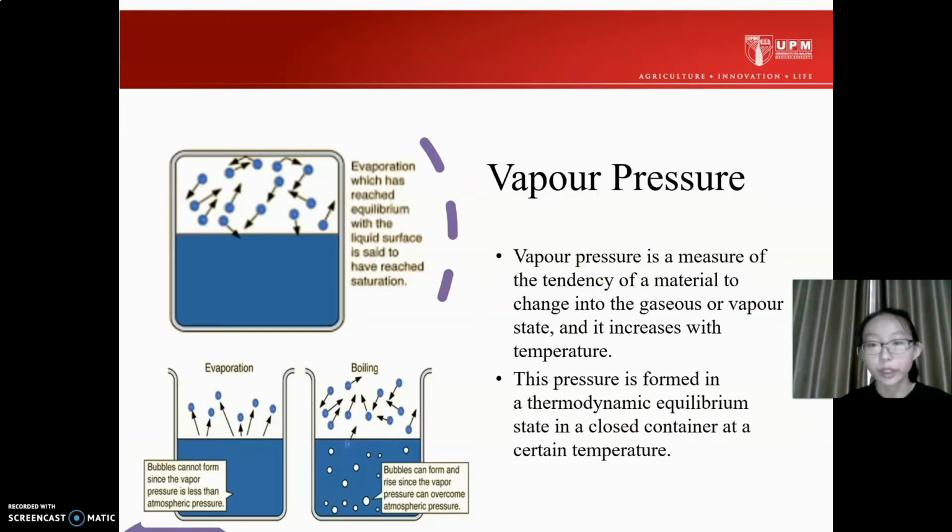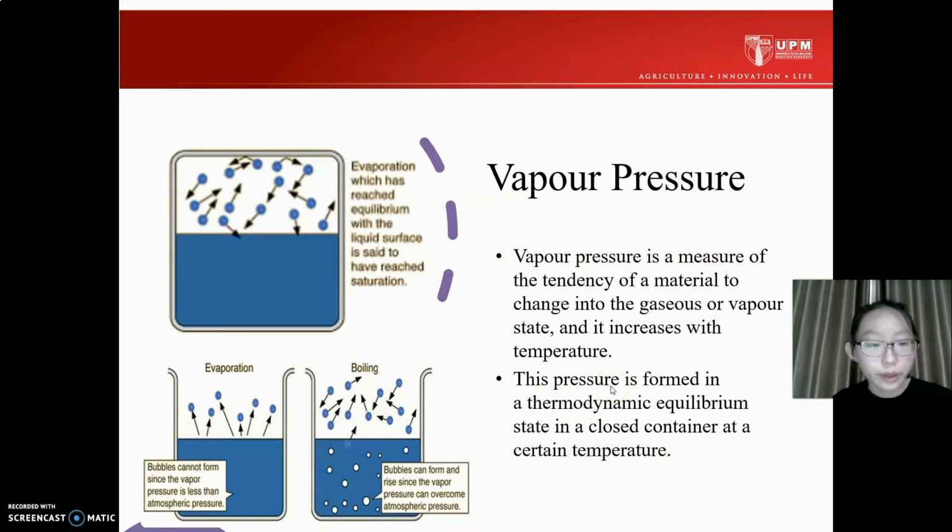Vapor pressure is a measure of the tendency of a material to change into the gaseous or vapor state, and it increases with temperature. This pressure is formed in a thermodynamic equilibrium state in a closed container at a certain temperature.